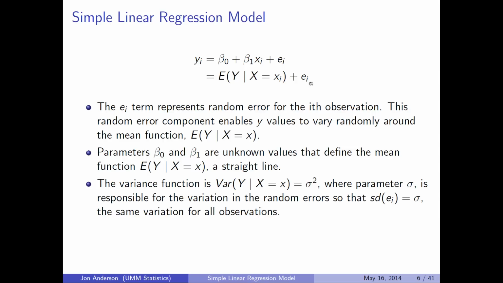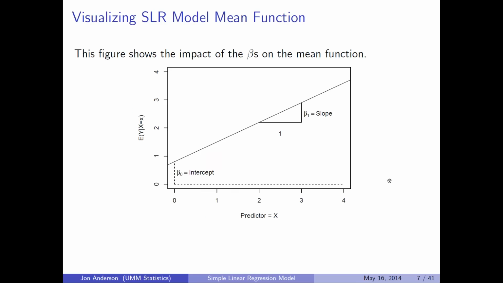So the last part of the model says that the variation around the mean function, how much y values vary above and below the mean function, is controlled by an unknown parameter, sigma. Here is a picture showing the underlying data creation mean function with an intercept beta 0.